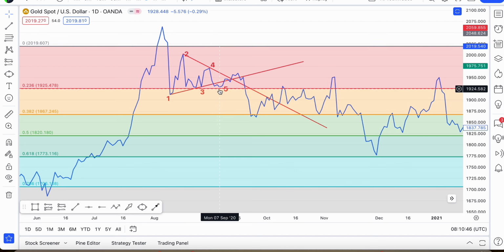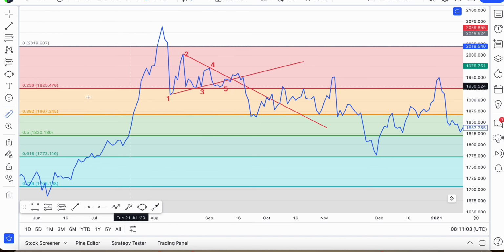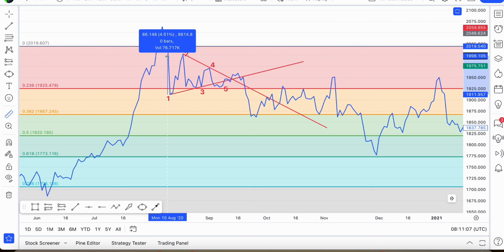So what this indicates is that immediately you see 5, then you watch out for the break. The break is going to give you a run. If you take the length measurement, measure this, take the measurement of this to this, it gives you 89.